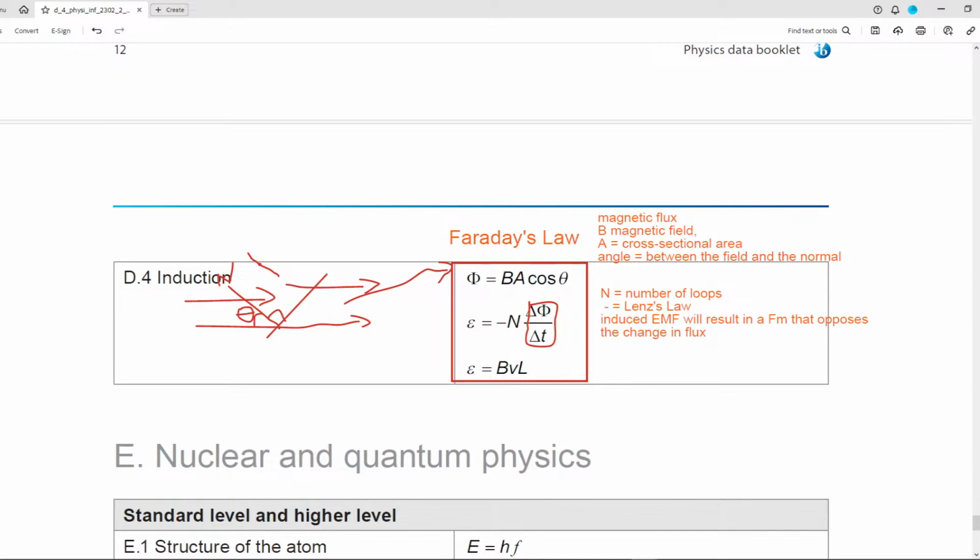All right. The last one is basically an application of the formula above, specifically the EMF induced in a conductor moving in a magnetic field. So the last one here is the EMF induced across the ends of a metal rod, or a straight conductor, in a magnetic field.